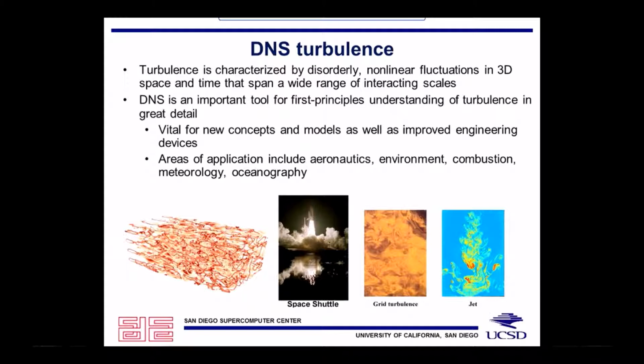So here, I'll mention briefly the turbulence. Turbulence is characterized by disorderly nonlinear fluctuations in 3D space and time that span a wide range of interacting scales. DNS stands for Direct Numerical Simulations of turbulence, and it's important because it does first principles simulations of turbulence. No approximations are made.